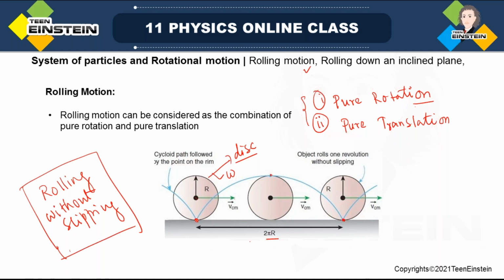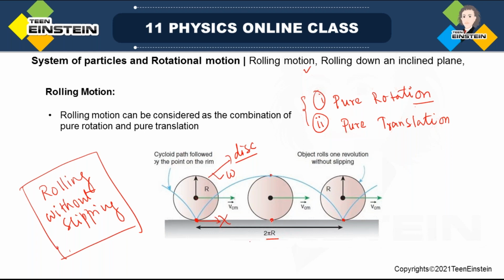That means the point of contact. For the disc, the bottommost point is in contact with the horizontal surface upon which it is rolling. This point of contact is not moving; momentarily it is at rest.